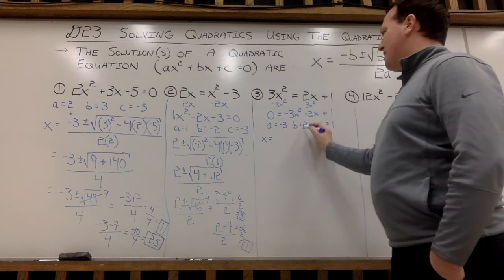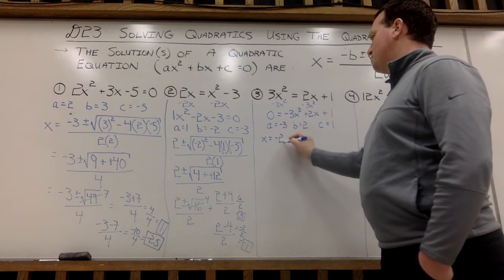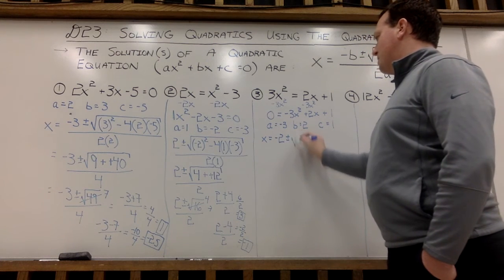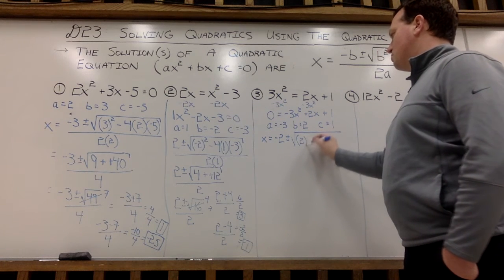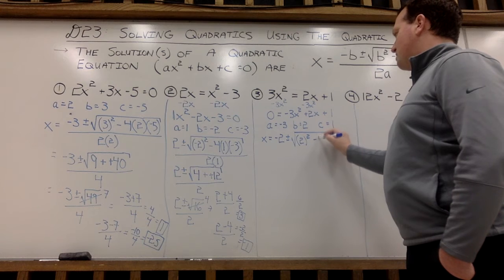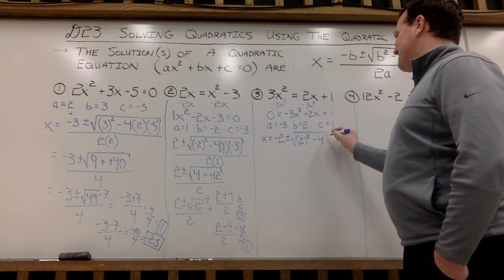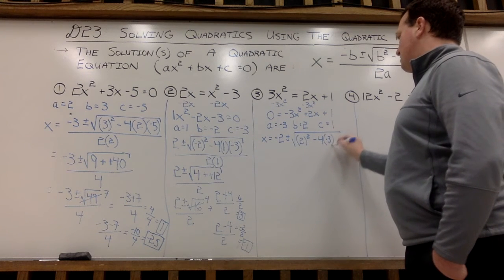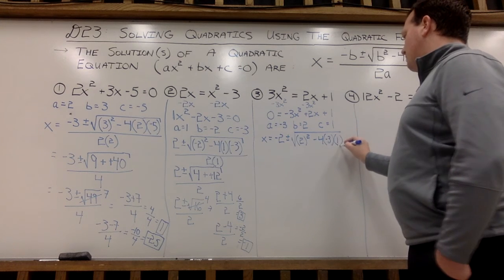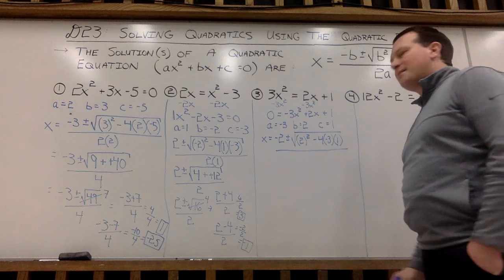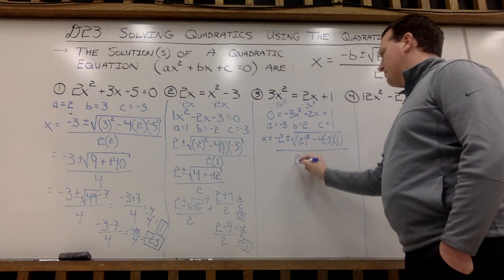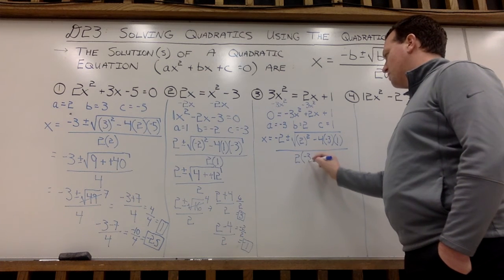Solutions are the opposite of B, so negative 2 plus or minus my square root of B squared, so 2 squared, minus 4 times A is negative 3 times C is 1. And I'm going to divide this all by 2 times A. So 2 times negative 3.